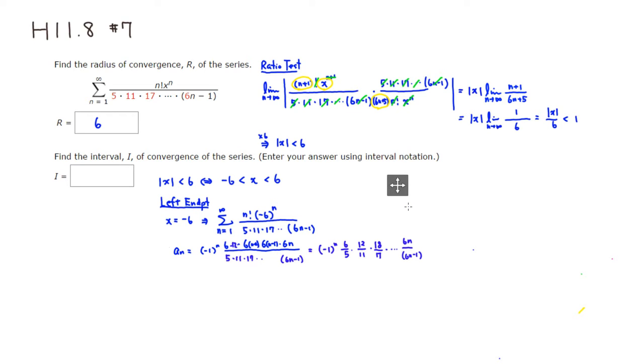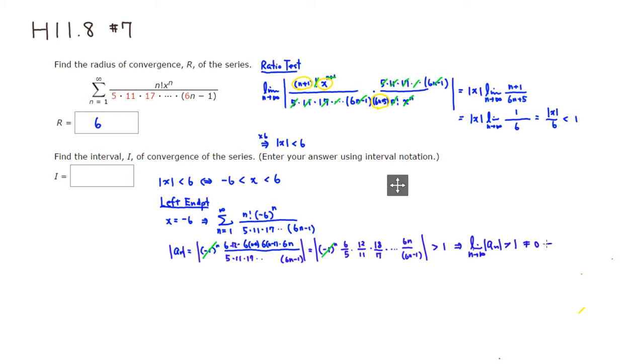If you take the absolute value so that I don't have to worry about the (-1) to the n, you notice that 6 over 5 is bigger than 1, 12 over 11 is bigger than 1, and so on. So this is actually greater than 1, which means the limit is greater than 1, which is never 0.